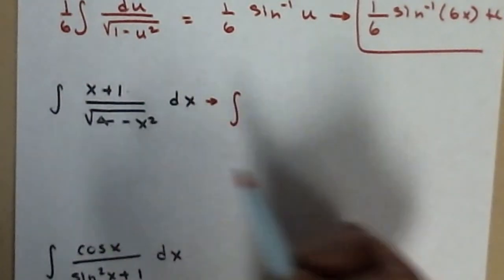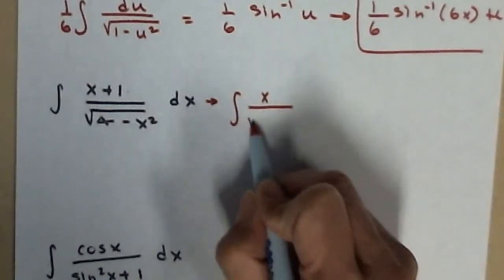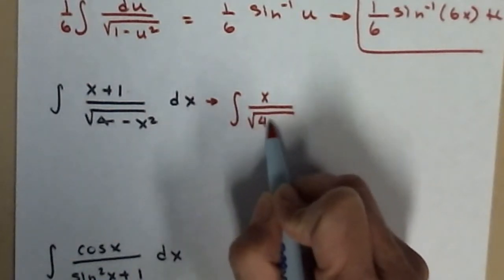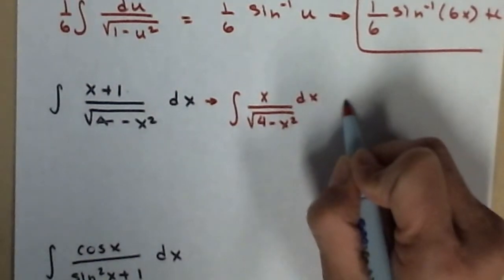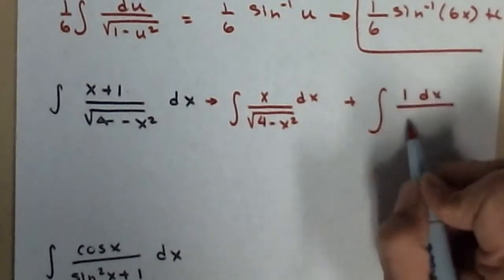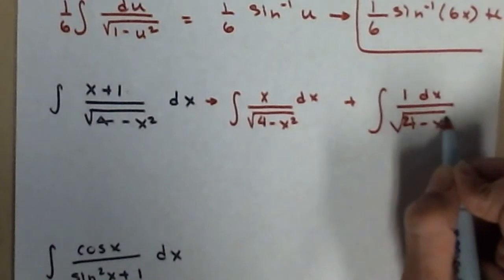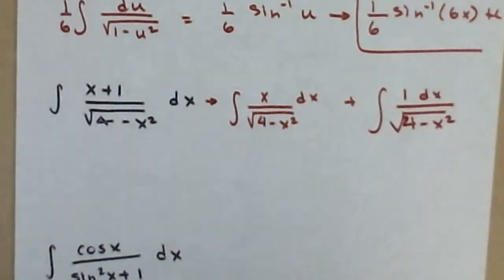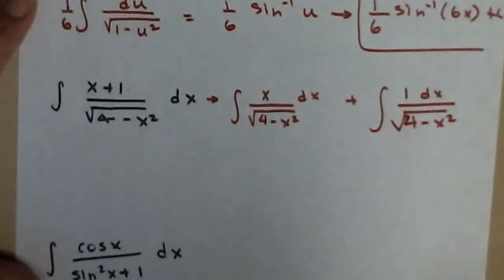When your numerator has more than one term in it, sometimes you will find it helpful to split up your integral into two pieces. Oh, radical 4 minus x squared.